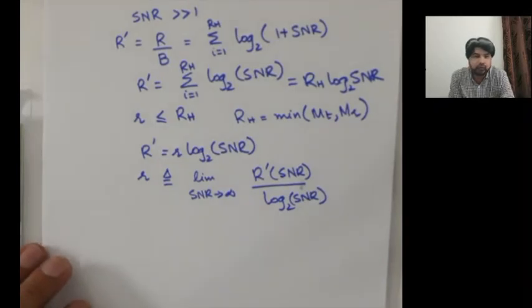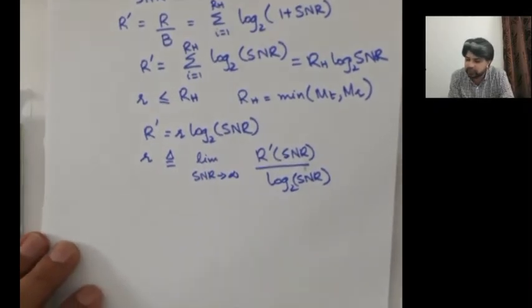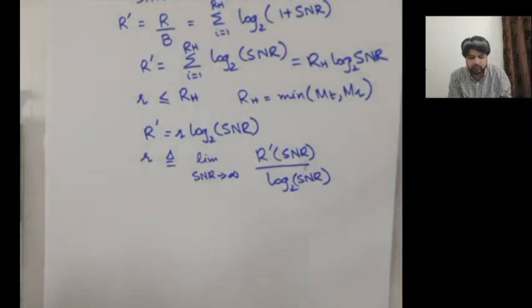Okay? So that is the maximum multiplexing gain that you can get. If your channel is not full rank, then your multiplexing gain would be less than the minimum of MT, MR. So now the main question is, if you have a certain number of transmit antennas and a certain number of receiving antennas, which dimensions should you use for diversity, and which dimensions should be used for multiplexing?